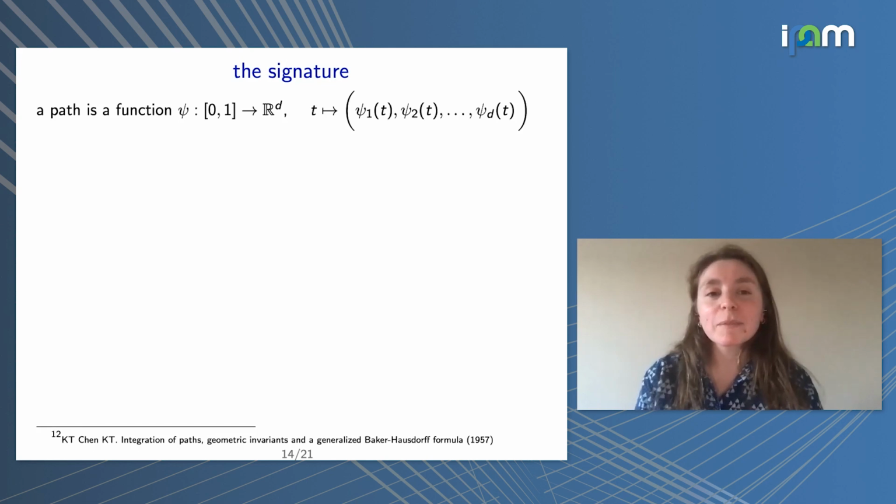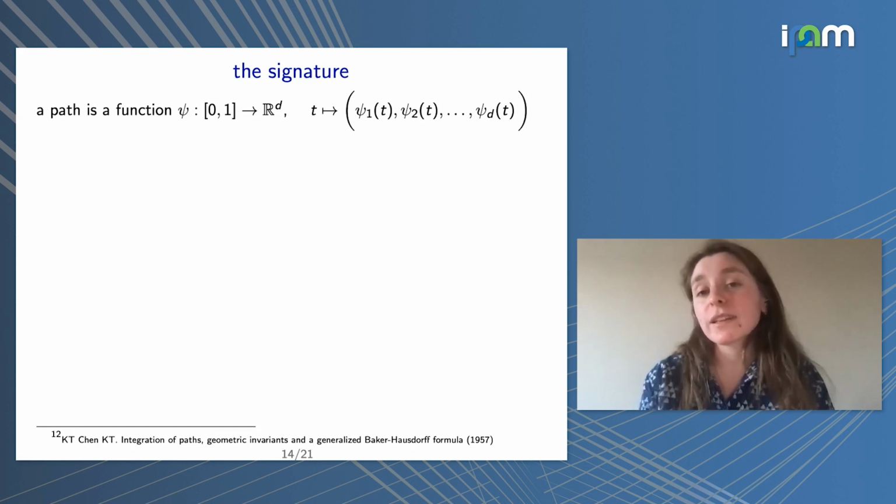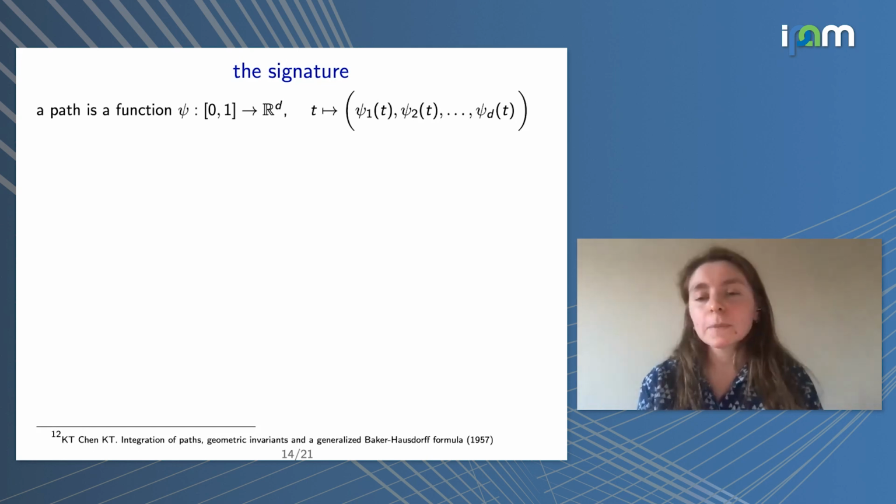Okay, so we've got a path, which is now a function from the unit interval [0,1] into some vector space like R^d, and it sends our parameter t, which you can think of as some time, for example, to its tuple of coordinates in this vector space.